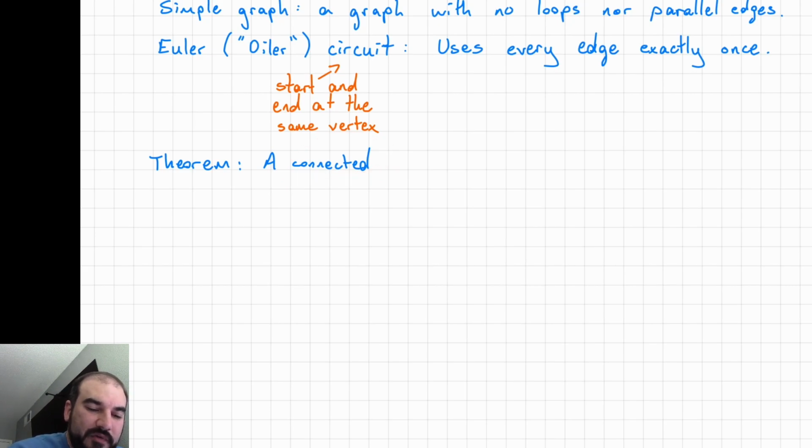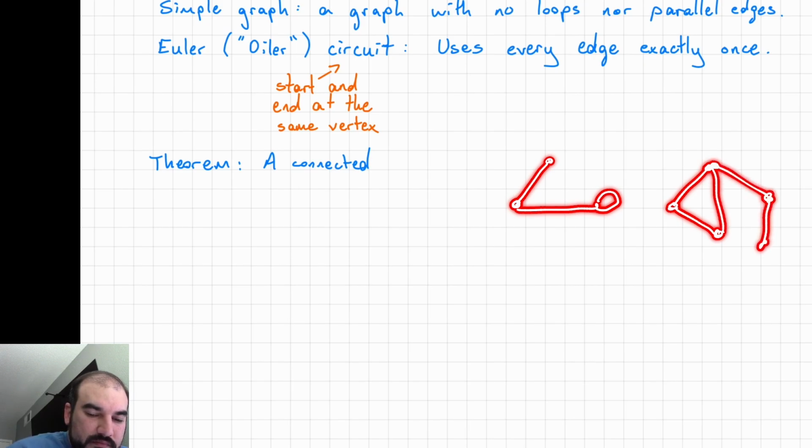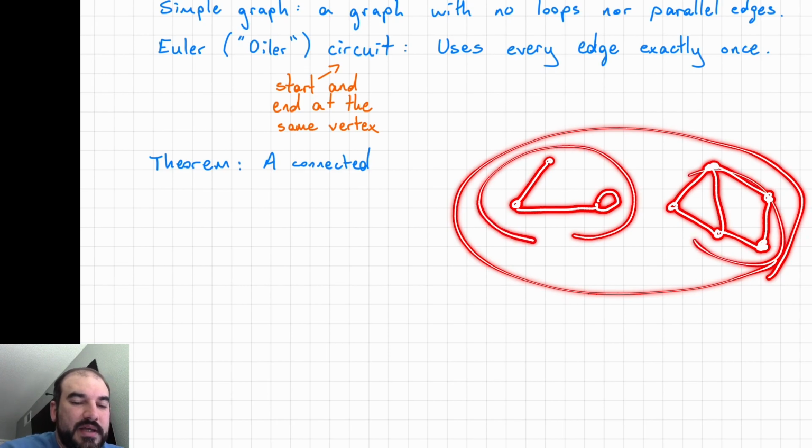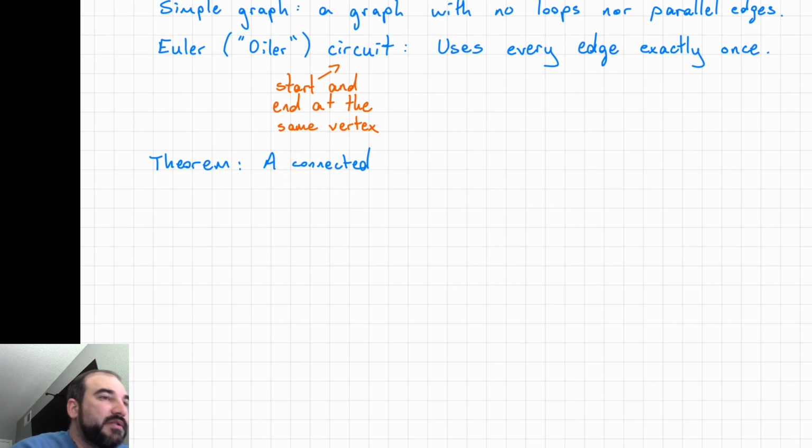A disconnected graph would be like if you had a graph with one piece and then a separate piece over here. That's not considered a connected graph because there are 2 separate pieces where you cannot get from one piece to the other and there's no edge connecting them, right? So a graph has to be connected in the first place to even have an Euler circuit, because you obviously can't go to every vertex and use every edge if you can't get from one piece to another.